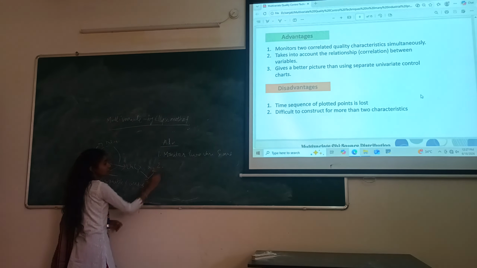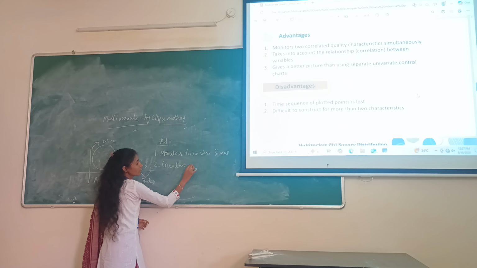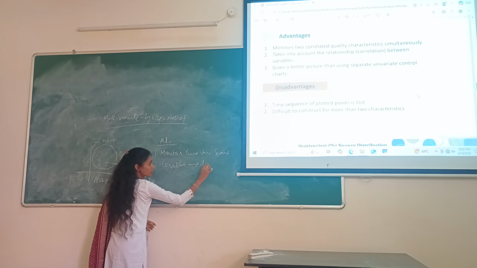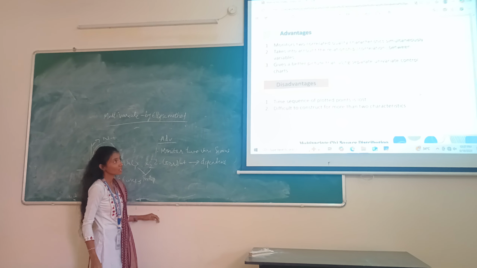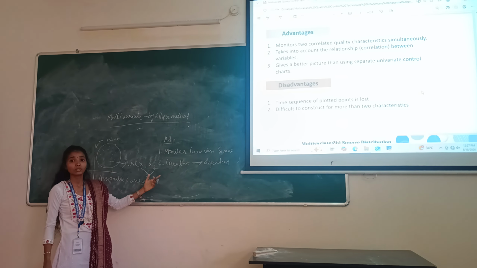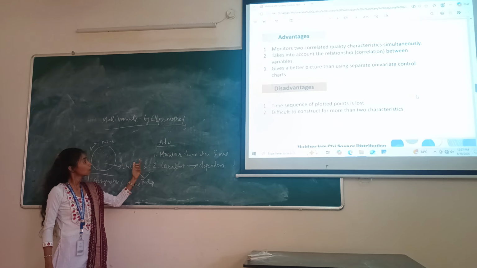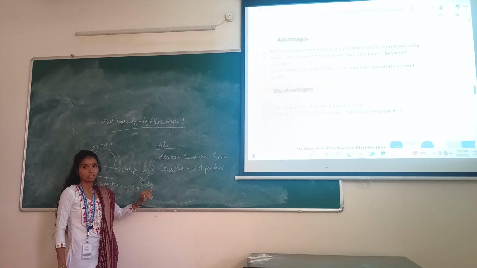And this ellipse method is showing the correlation when two variables are dependent. And it gives a better picture than separate control charts. For univariate variables, we have used the Shewhart control chart, but this ellipse method gives a better picture than Shewhart.